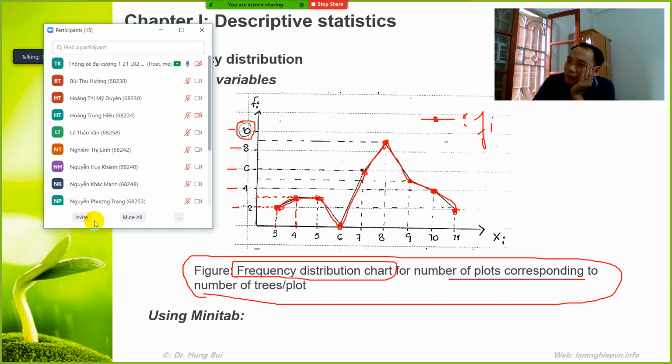Duyên. How many plots having 7 trees? Okay, very good. How many plots having 9 trees?